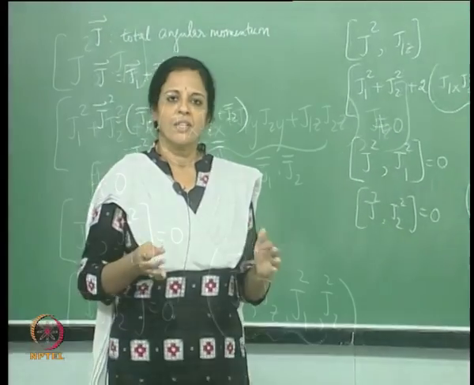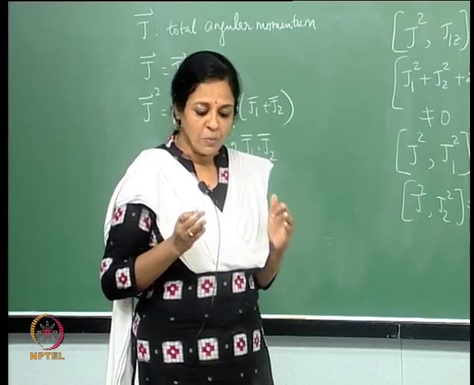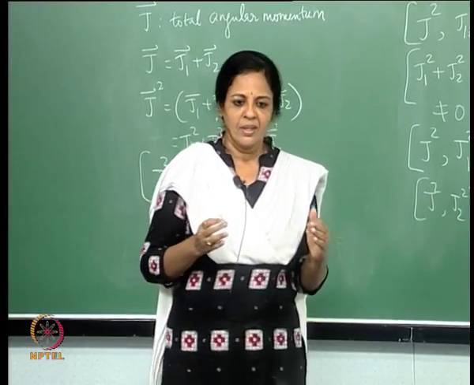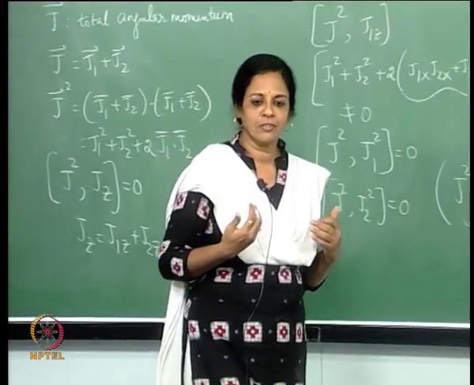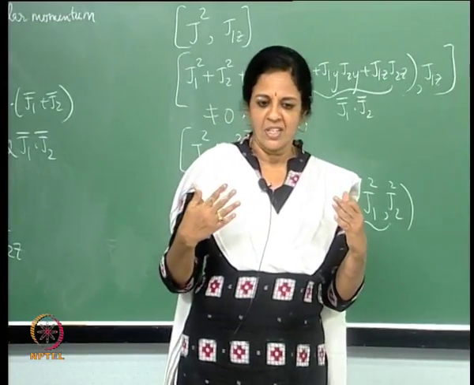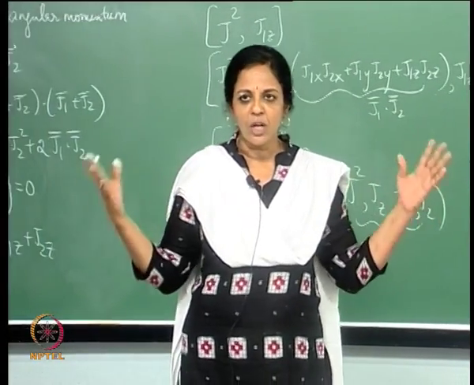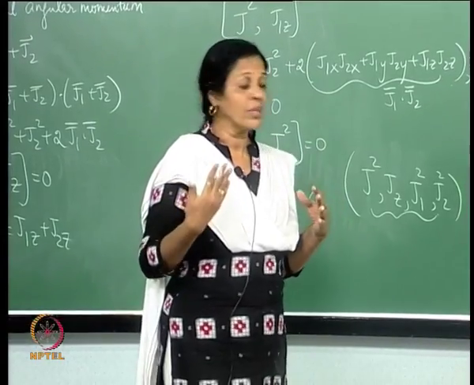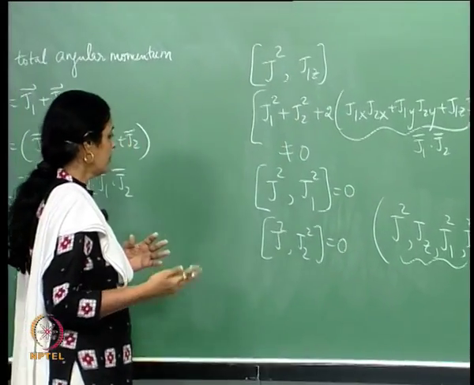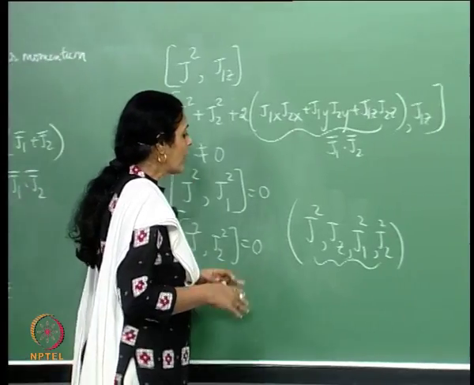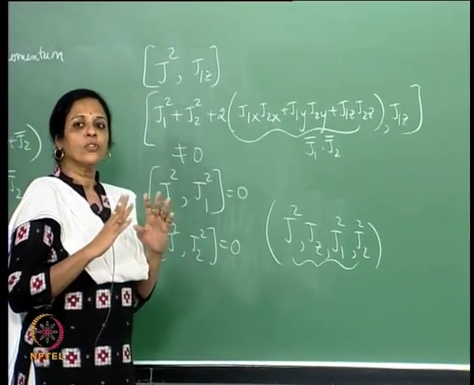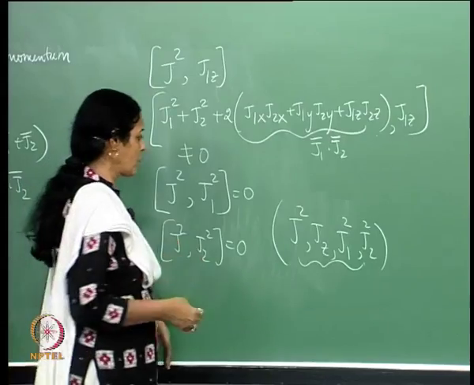And therefore, if I were talking about the composite system as a whole, and I'd like to talk in terms of the coupled basis. By coupled basis, I mean when you couple the individual systems, perhaps through an interaction, and then I look at the basis states relevant to describe the composite system as a whole.